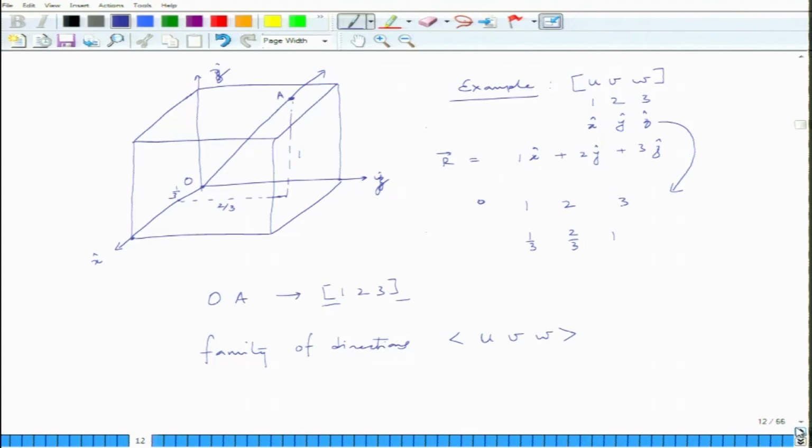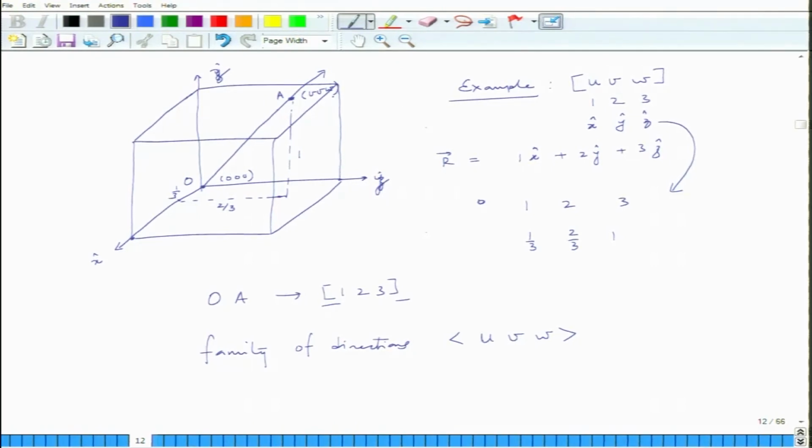Basically, if you look at it objectively, this O is the origin, which is the point 0, 0, 0. This is a point which is U V W. Direction is nothing but U V W minus origin.